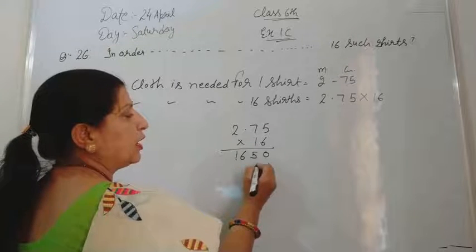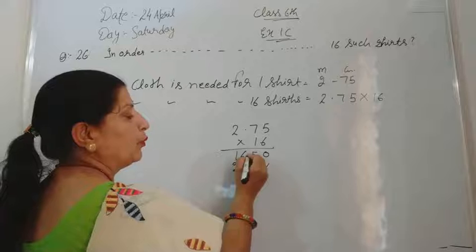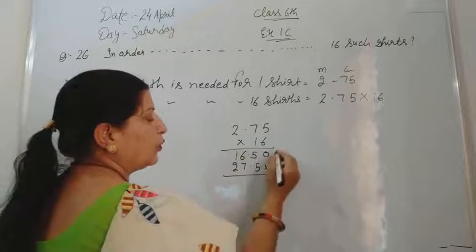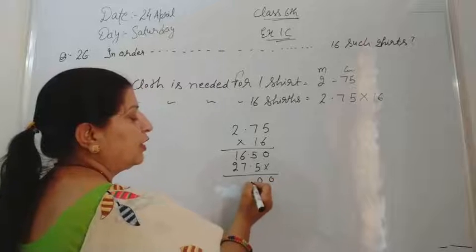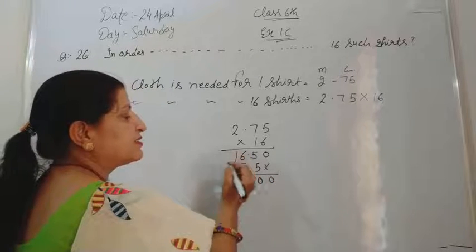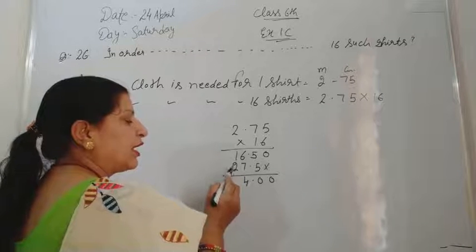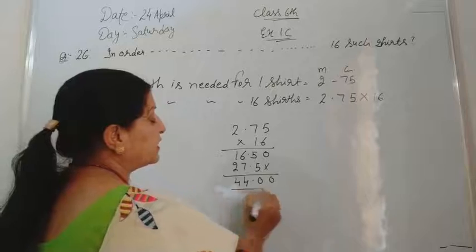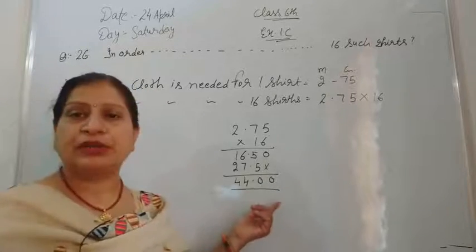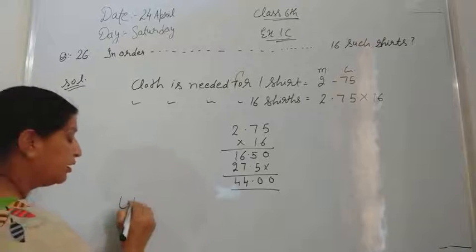Now the number becomes 2, 7 and 5. Now we have to add the numbers: 0, 5 plus 5 is 10, then 7 plus 6 is 13 plus 1 is 14, and then again 1 carry, 2 plus 1 is 3, 3 plus 1 is 4. It means that 44 meter. So our answer is 44 meter.